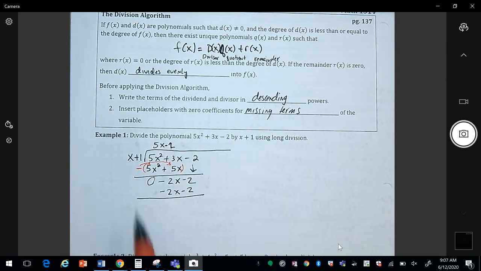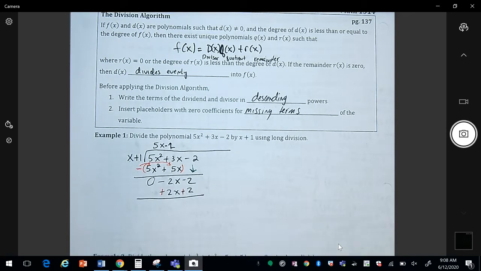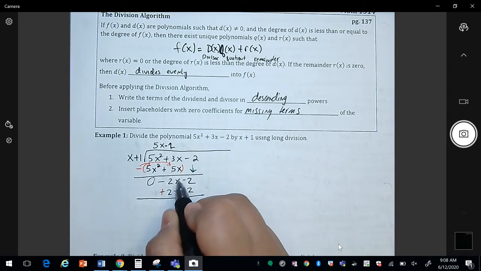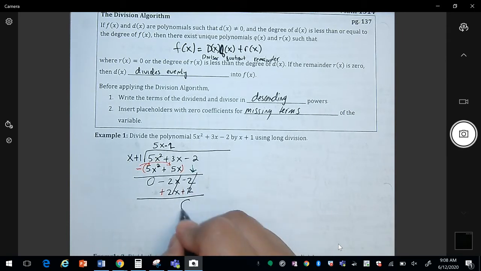Since we're subtracting, like we did here, basically by subtracting this entire thing, we're changing the sign of each of these terms. So instead of a negative, this will become positive because negative and negative is positive. And then negative and negative will also be positive. So negative 2x and 2x is 0. Negative 2 and 2 is 0.